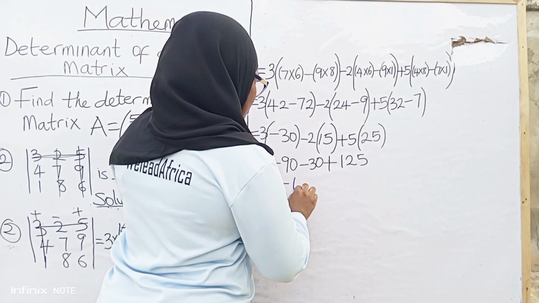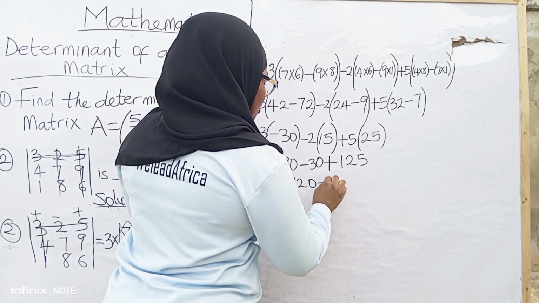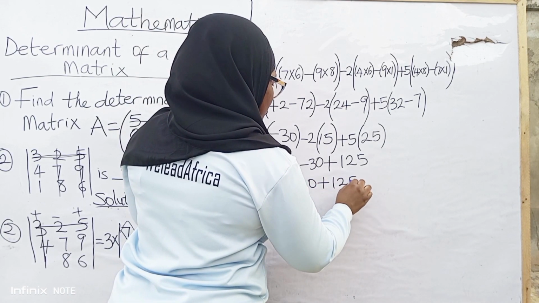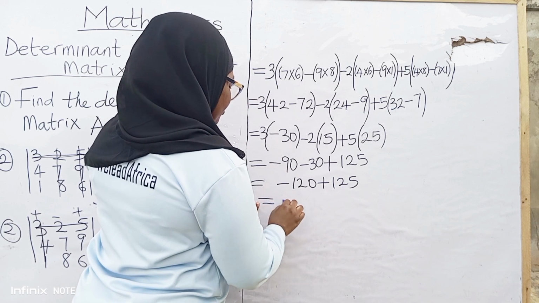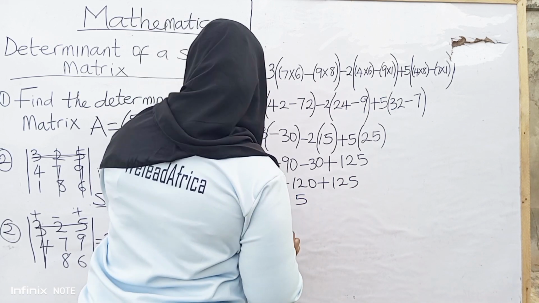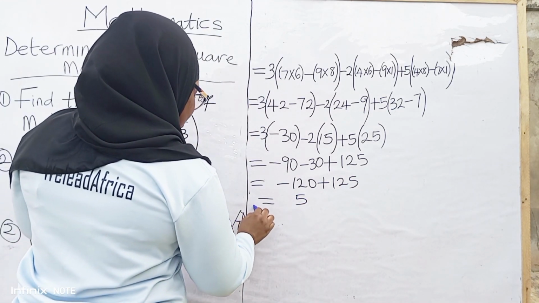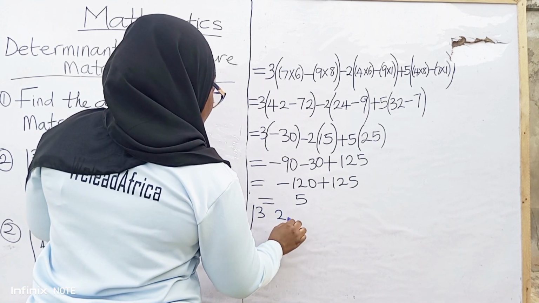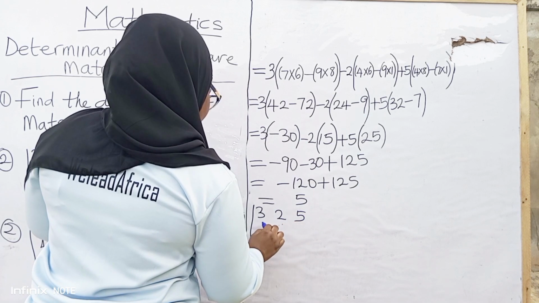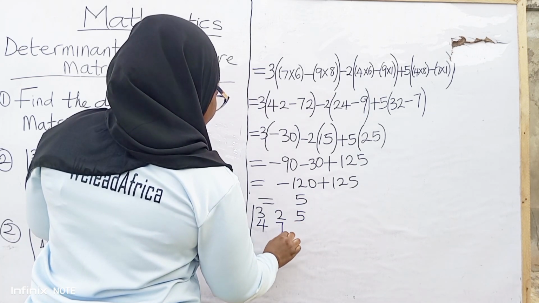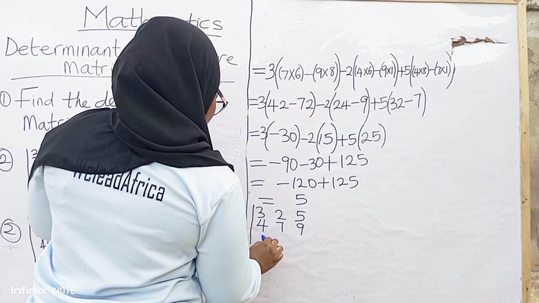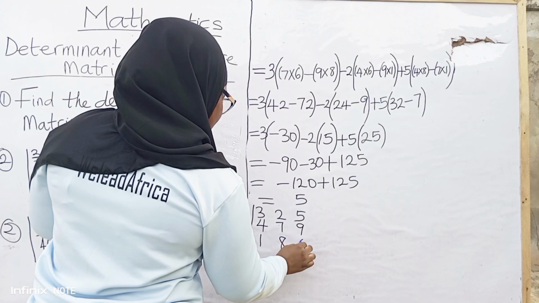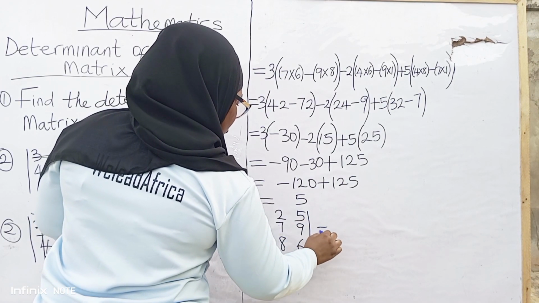So minus 120 plus 125 is what? That is 5. So what we are saying in essence is that the determinant of 3, 2, 5, 4, 7, 9, 1, 8, 6 is equal to 5.